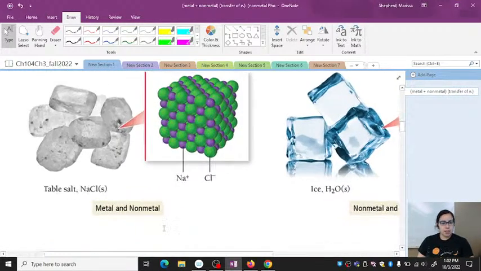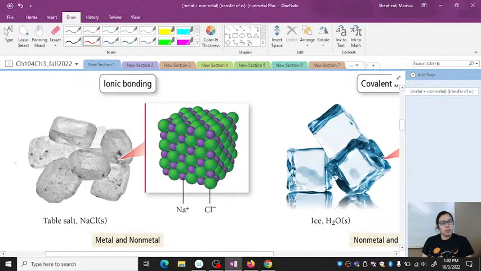Taking a closer look at table salt, of course, observe some of its characteristics. This will be something you'll be doing in lab as well, just looking at chemicals and what they look like. You can see it crystallizes in squarish looking shapes. If we look at the molecular structure, it's just repeating units of sodium and chlorine.